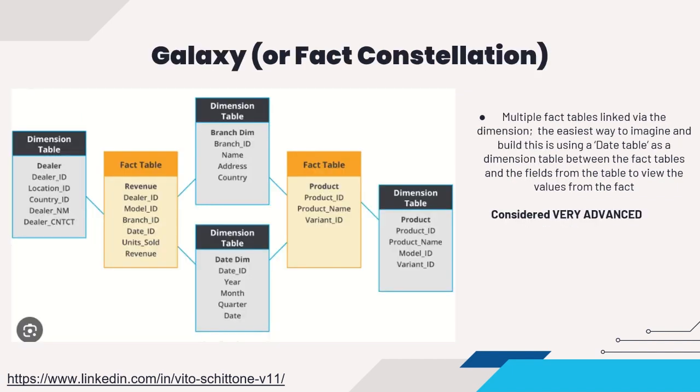And now we get on to the Galaxy schema, which, as I explained, is my favorite data model because you can streamline Power BI building with it, and you can also do more machine learning things with it compared to the limitations that exist within a star schema. There are a couple of reasons why people struggle with this. The first is that it's very advanced for most to understand.